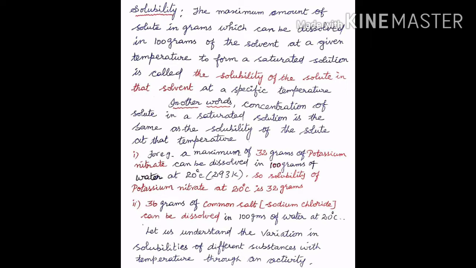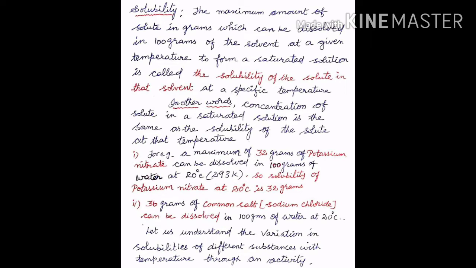So, the solubility of potassium nitrate at 20 degrees centigrade is 32 grams. Another example: 36 grams of common salt, sodium chloride, can be dissolved in 100 grams of water at 20 degrees centigrade. So, the solubility of common salt is 36 grams.